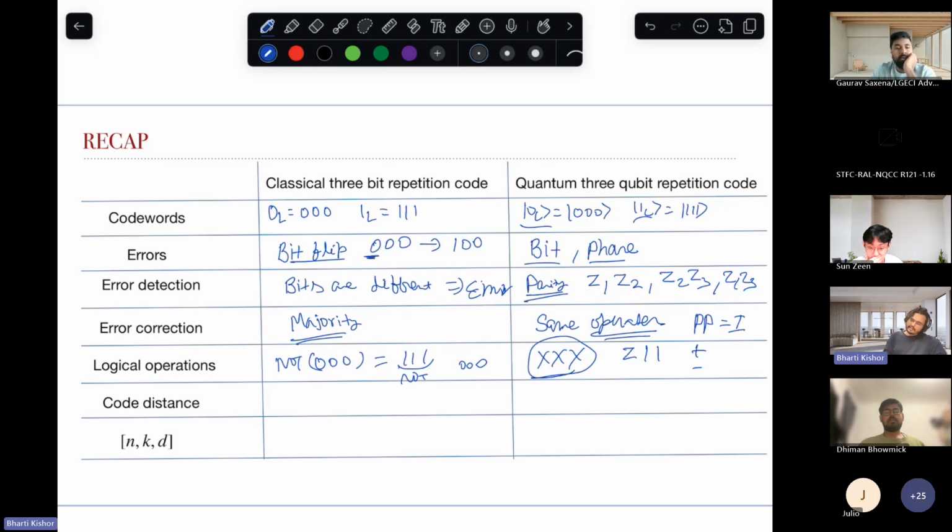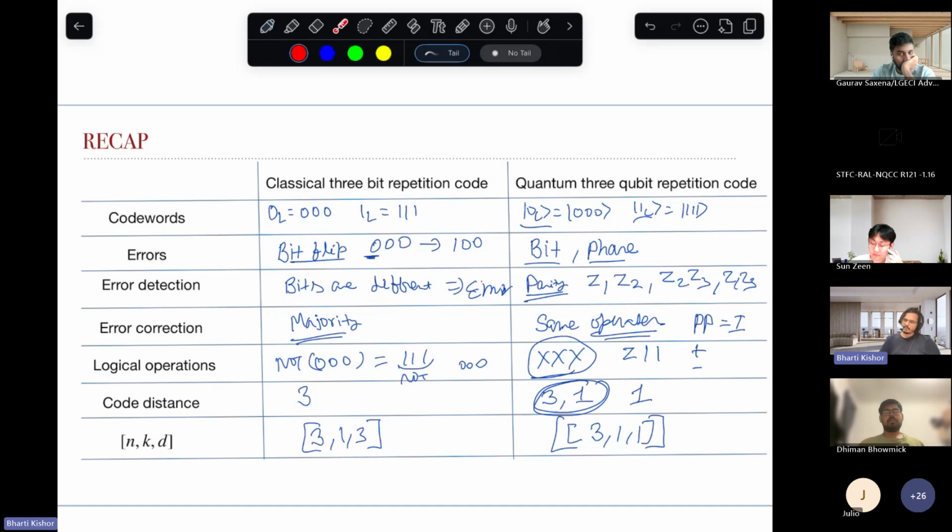The code distance here was 3. In the quantum case, you had to look at both the Z distance and the X distance. The X distance was 3 and the Z distance was 1, and because we look at the minimum of the two, effectively the distance was 1. So this code was denoted the [3,1,3] code classically, and in the quantum case the [[3,1,1]] code.